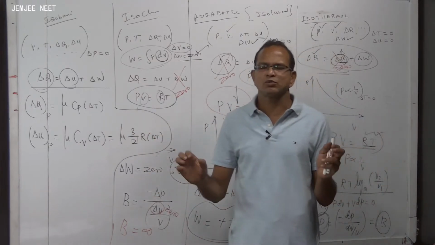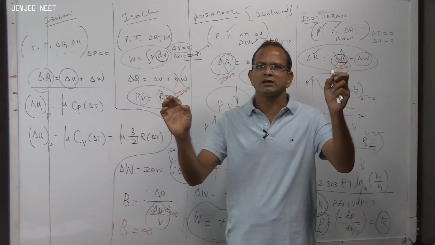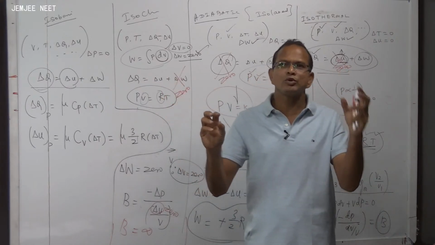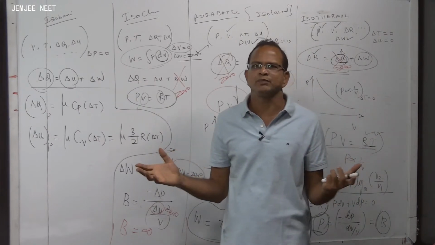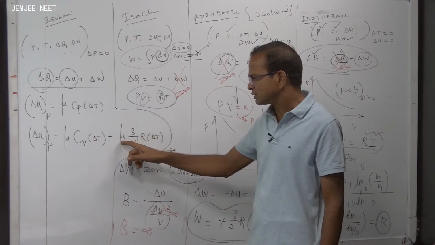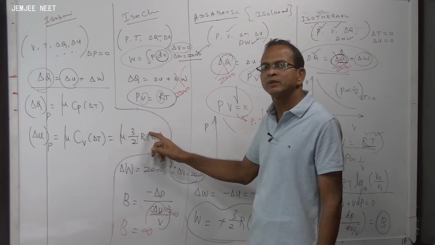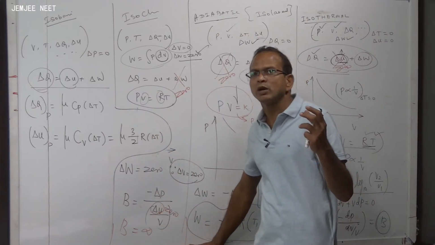Our concern is only the point function, initial and final. Initial temperature 30, final temperature 100, that's it. From 30 to 100, how do you go? You go by any means you want, but the internal energy is the same, because internal energy depends only on temperature.